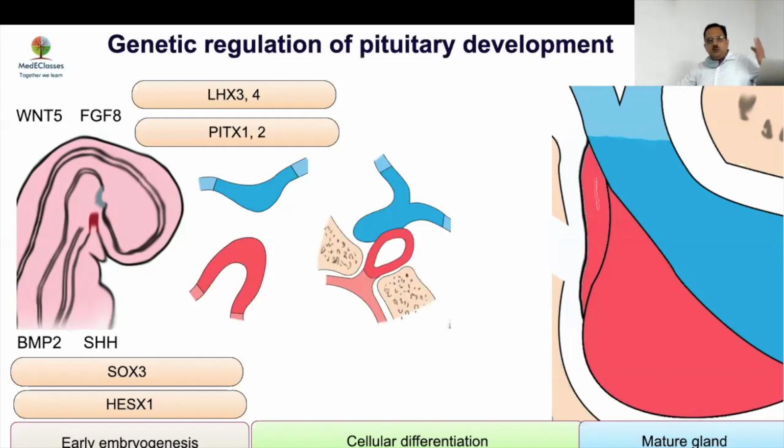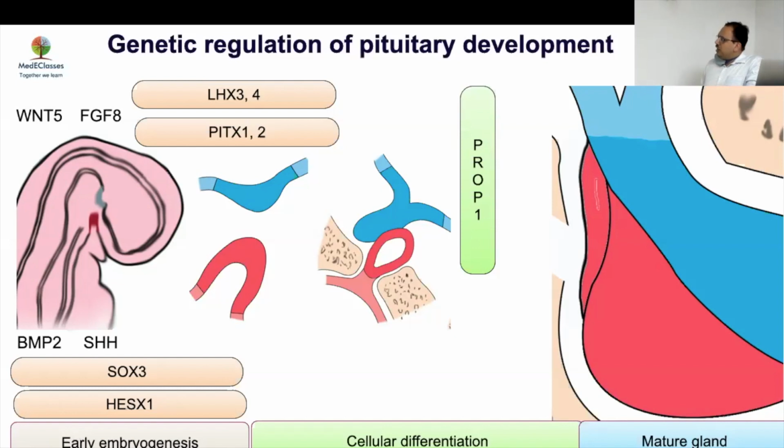Now, here you do not want your HESX1 to be active, because if this HESX1 is active, it will keep pulling you down. So what happens at that point of time? You have got a new gene which comes into the picture. So you can say this is the pre-Prop1 era and this is the post-Prop1 era. So this is very simple.